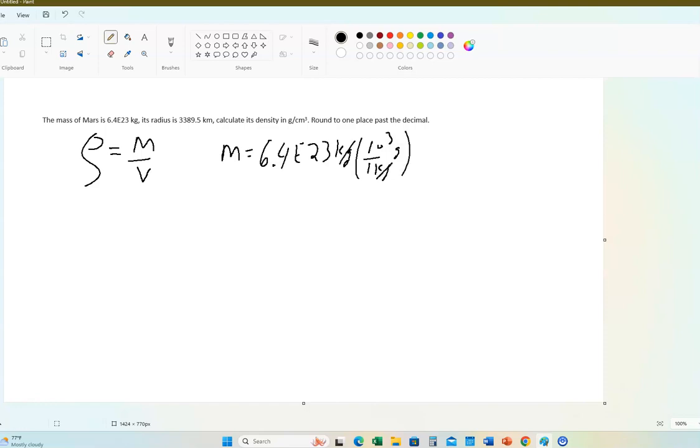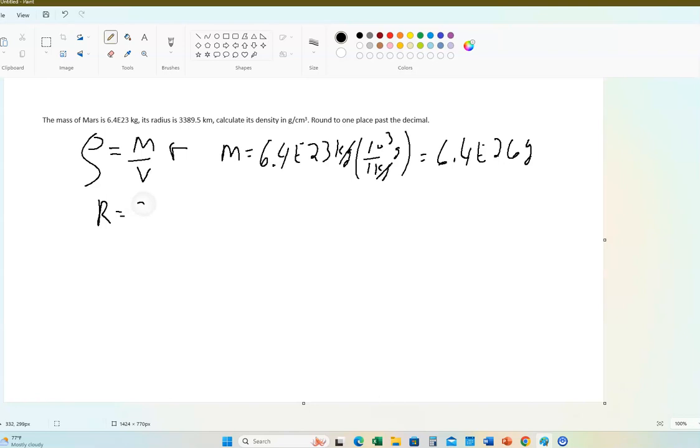Right, so the kilograms cancel, and so this becomes 6.4 times 10 to the 26 grams, since 23 plus 3 is 26. All right, there we go. So that's our mass in grams. The volume's a bit more tricky, so we have to convert the radius to centimeters.